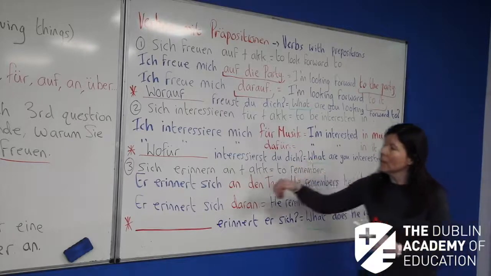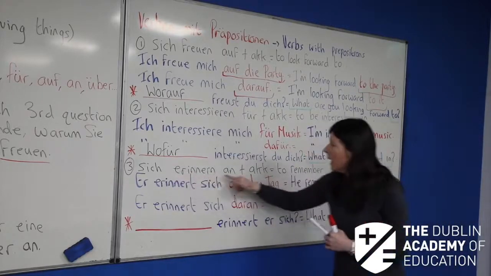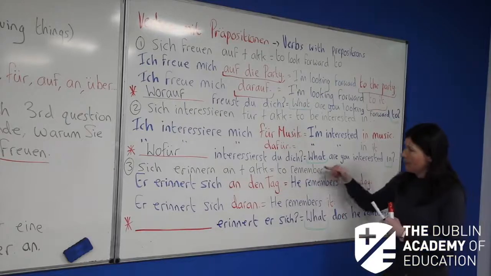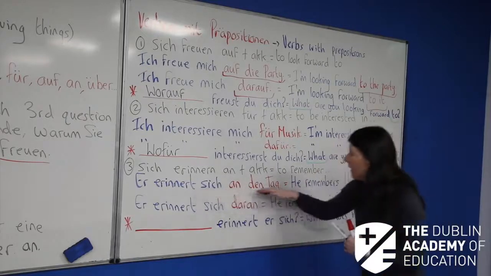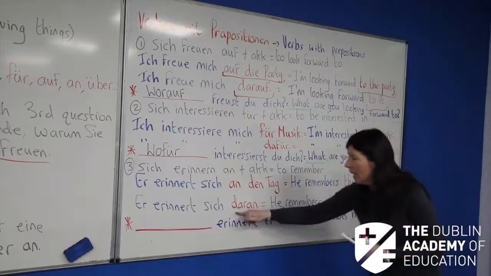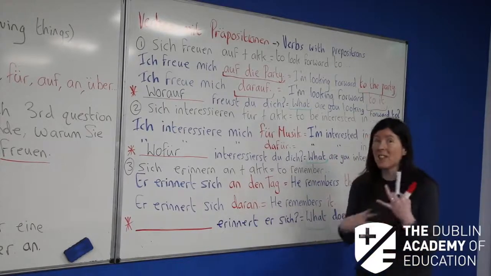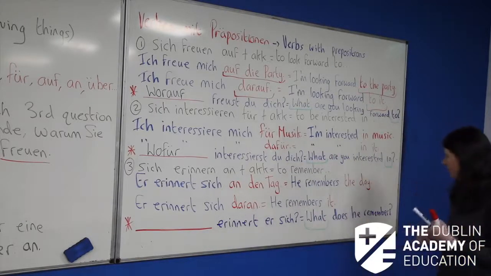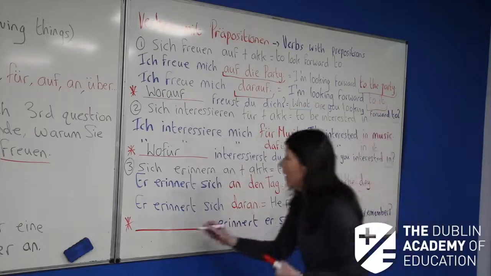Okay, so the next one then is sich erinnern an Akkusativ, to remember. Er erinnert sich an den Tag, he remembers the day. Er erinnert sich daran, he remembers it. But if I want to ask the question, what does he remember? Again, I write in my wo.